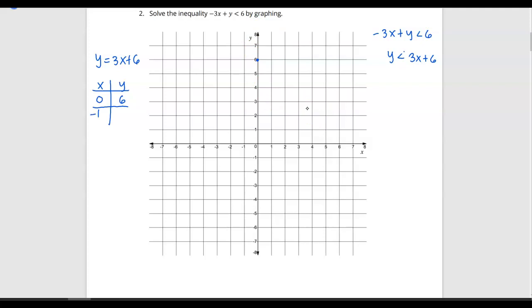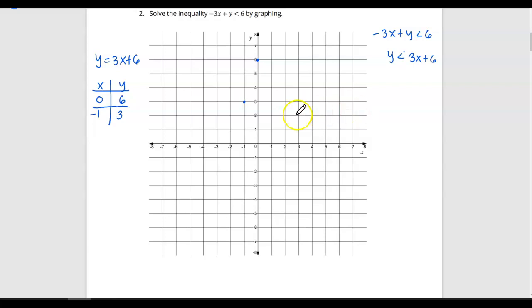Try a smaller value. So if x is equal to negative 1, we have 3 times negative 1, that's negative 3, plus 6 is 3. So the other point is (negative 1, 3). So (negative 1, 3) is this point here.